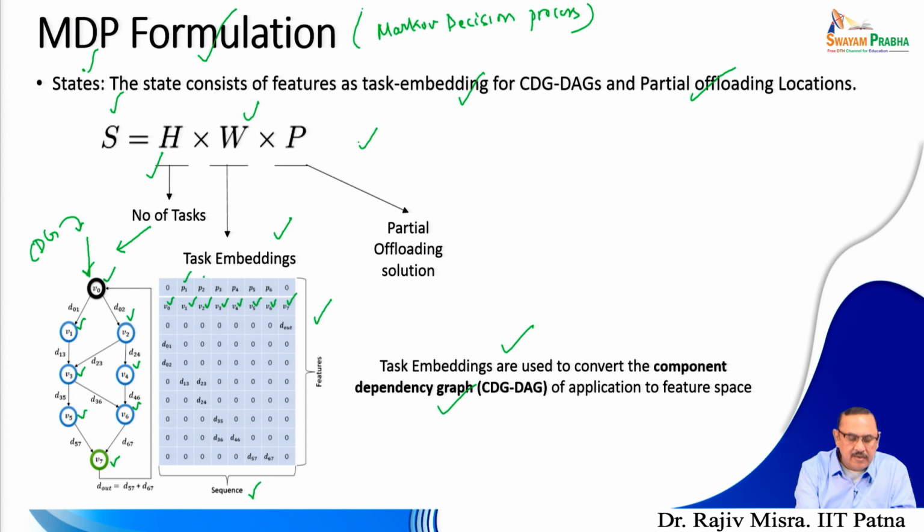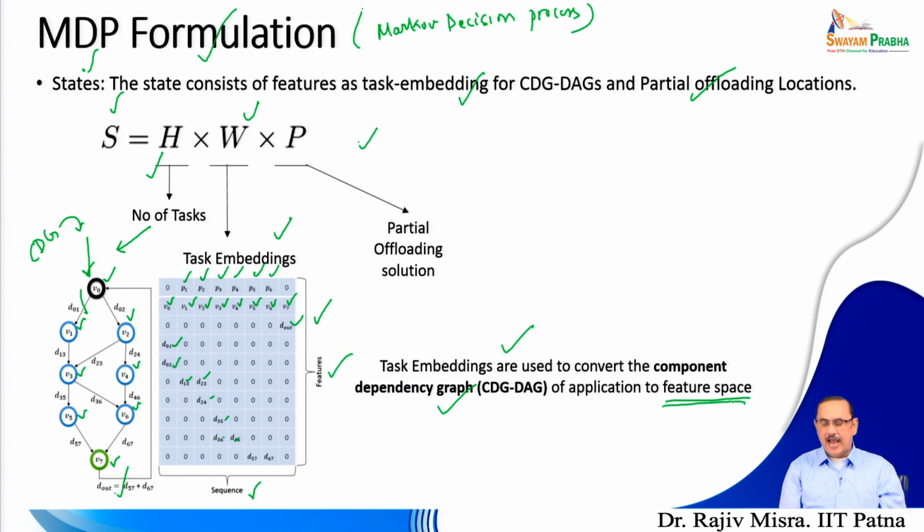Partial offloading P1, P2, P3, P4, P5, P6 is shown here, and the output, that is the edges, the dependencies, are also captured here. D out is equal to dependencies measured here, D01 is this particular dependency, and all these dependencies are mentioned here in this feature space.